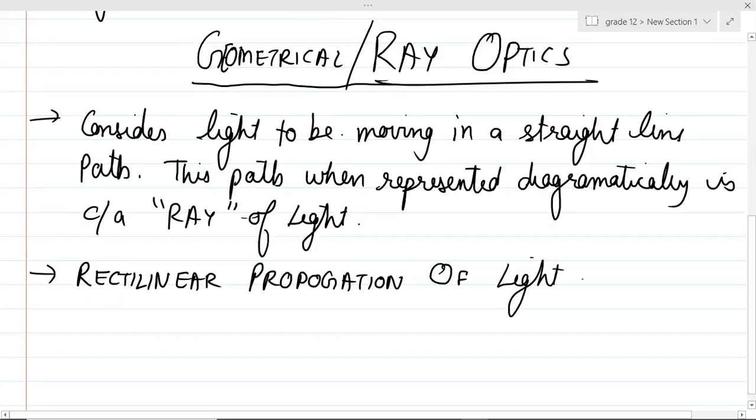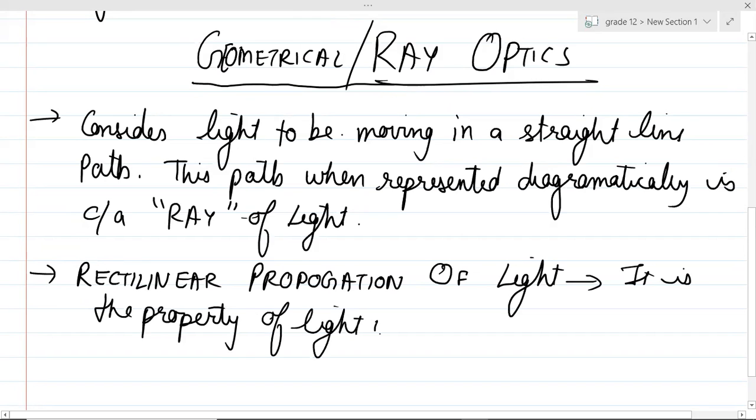And what is the rectilinear propagation? It is the property where we assume it travels in a straight line.